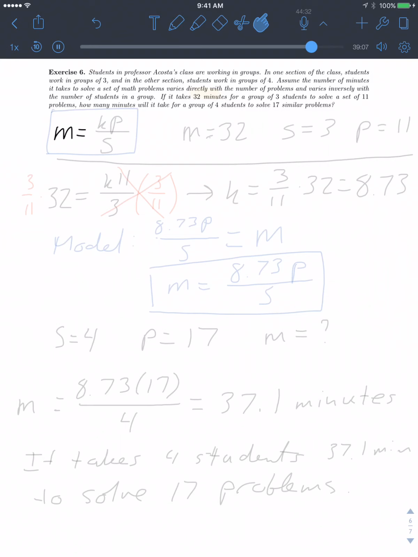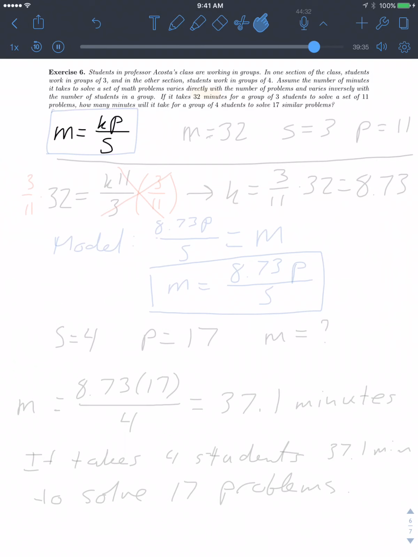So we could say this is k times the number of problems. Now, if there are a lot of students working on the problems, those problems are going to get solved faster. So we're told that m also varies inversely with the number of students. And so that is how we would set up our variation equation.